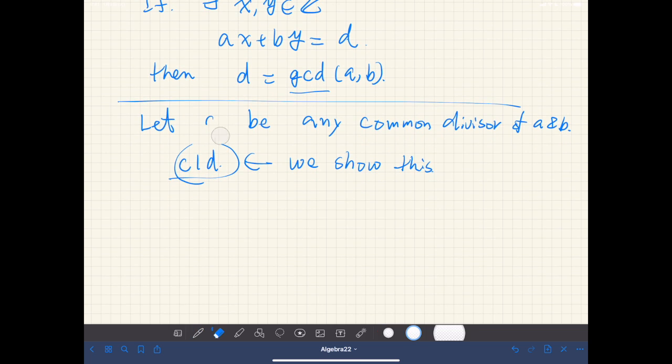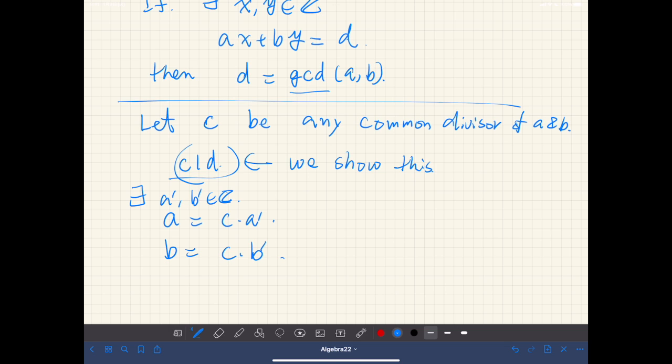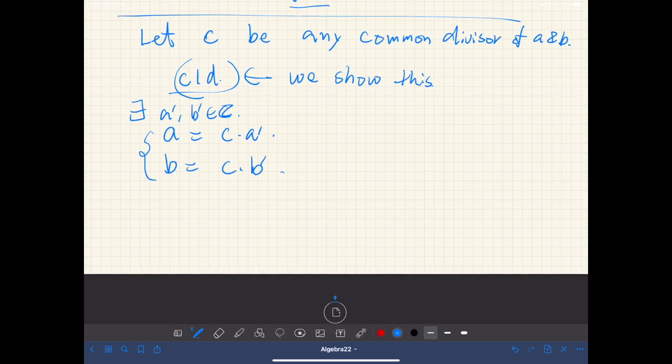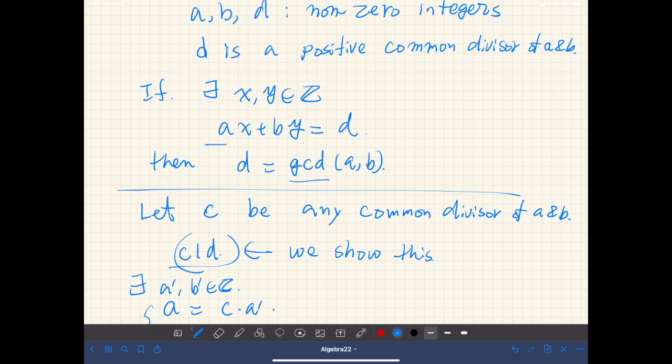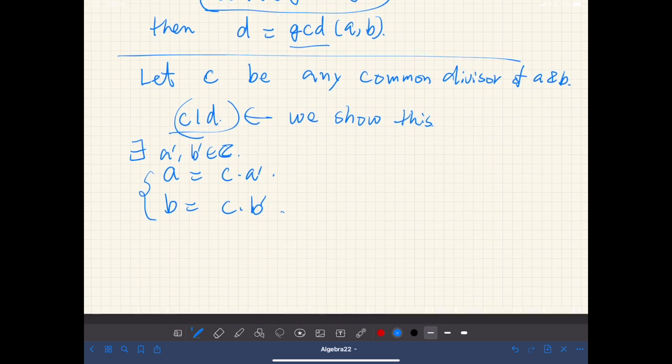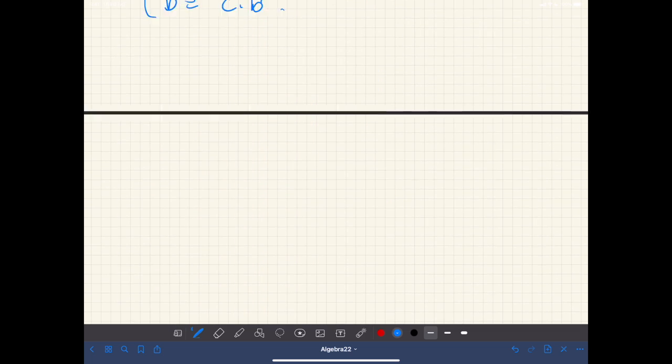Since C is a common divisor, we have A equal to C times A prime and B equal to C times B prime, where A prime and B prime are some integers. Then, since we are assuming that this equation holds, we substitute A and B into it.